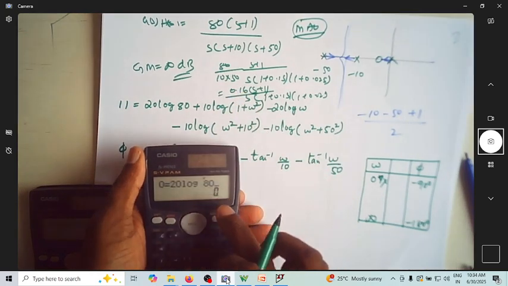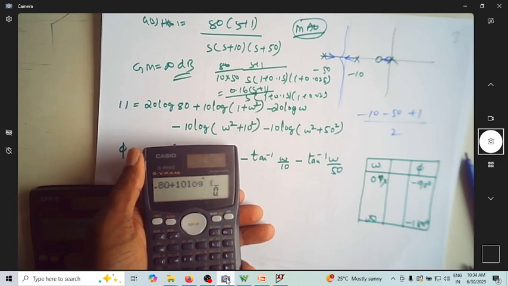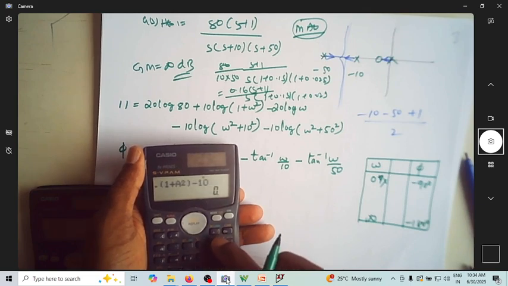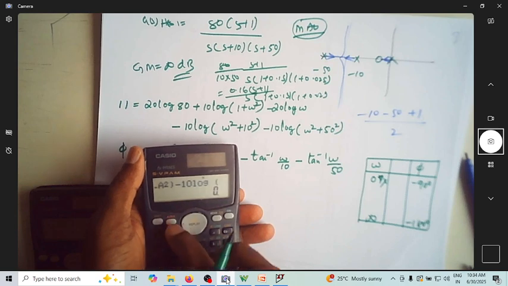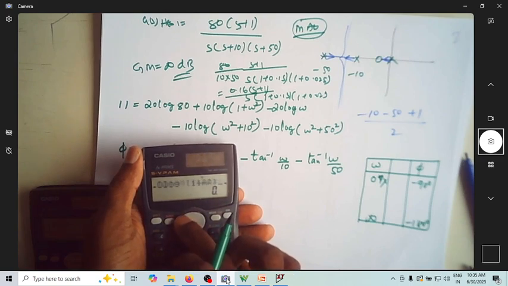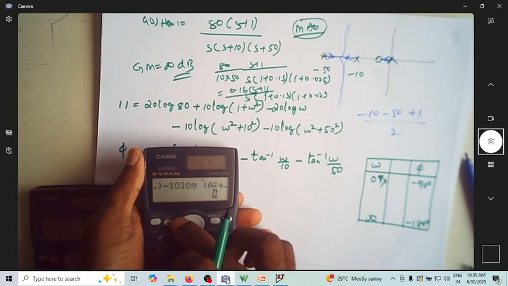So plus 10 log of 1 plus alpha a square, close the parenthesis, minus 10 log, open the parenthesis, alpha a square plus, did I do square here? Yes, okay.